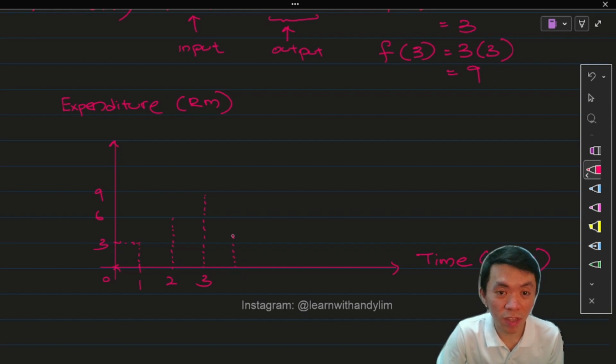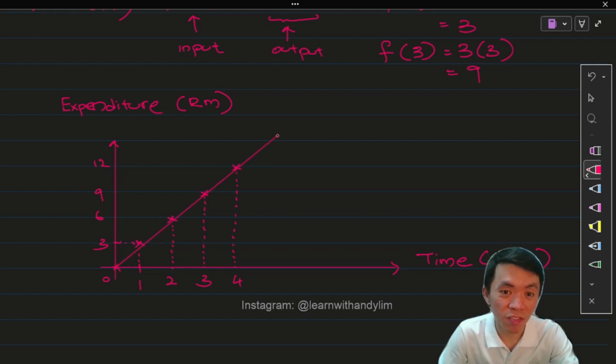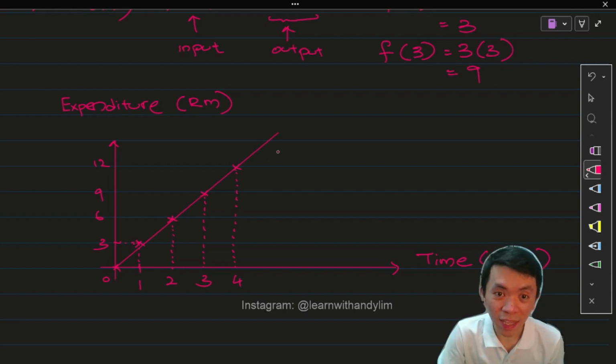I can continue this. Day 4, I spend 12 ringgit. If I were to plot this data right here, I'm gonna get a straight line. Do you know that this straight line is this function right here, 3x.